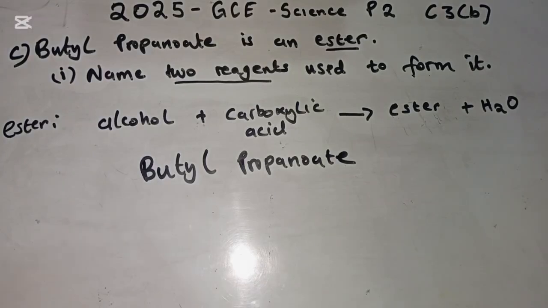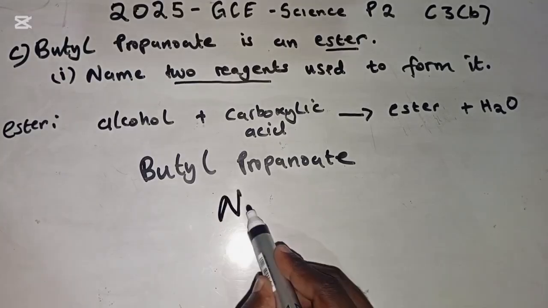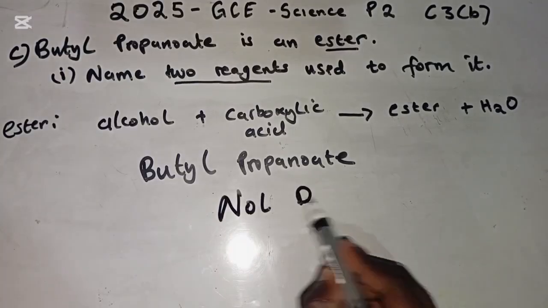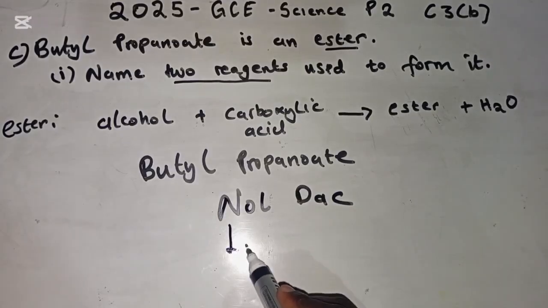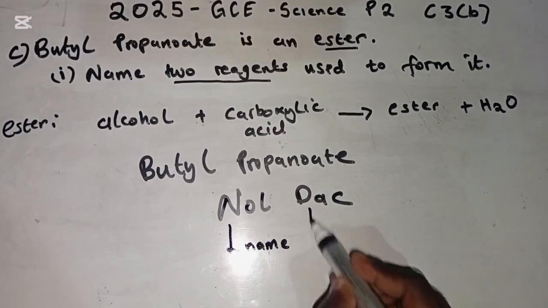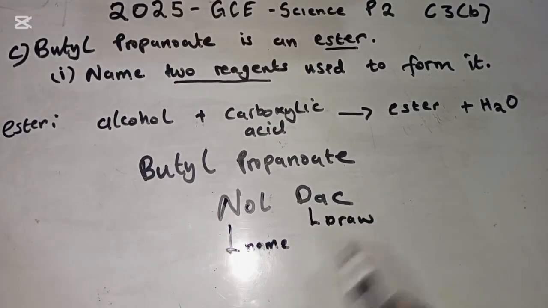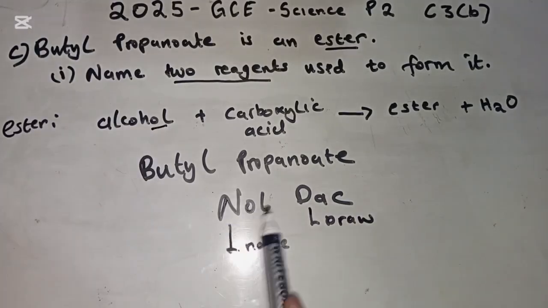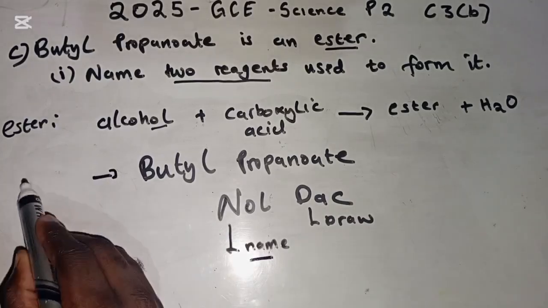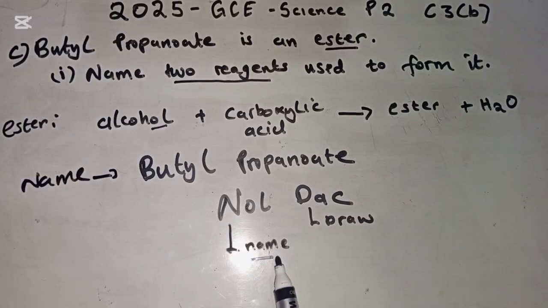There is this thing that used to help me in secondary school: NODAC. N simply means name, D simply means draw. OL is the last part of the name alcohol, so name the alcohol first, then draw the acid first. When you are naming, like here, the name says alcohol should be first.